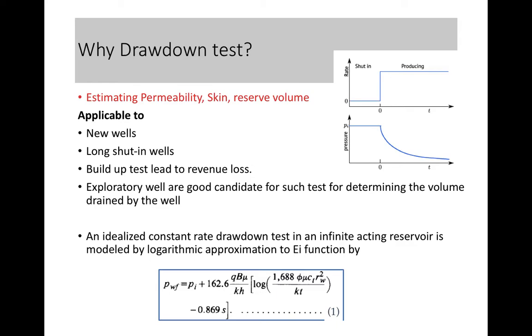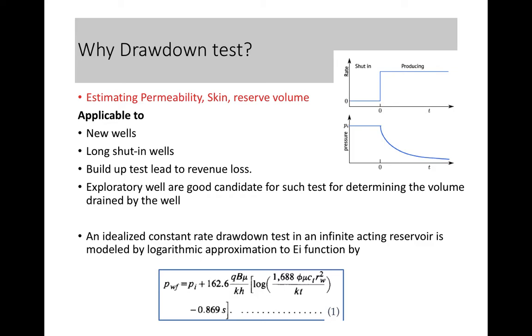It also does not lead to any kind of revenue losses as in a build-up test. So in many ways, this type of test is very important. However, there are cases where constant rate maintenance is very difficult, right? If we want to maintain the constant rate throughout, it is very difficult. Therefore, the concept of the multi-rate test has emerged.